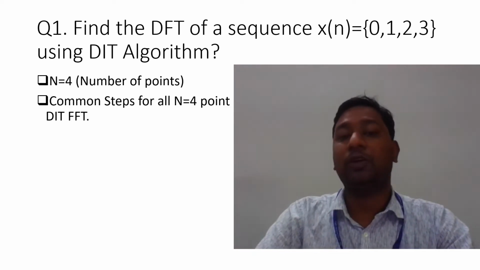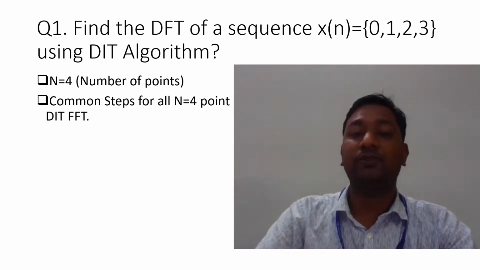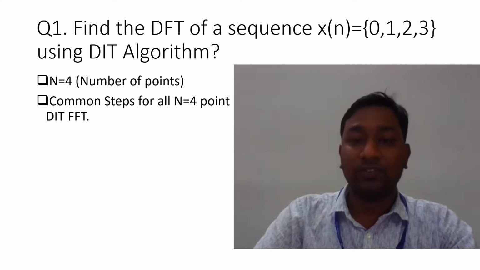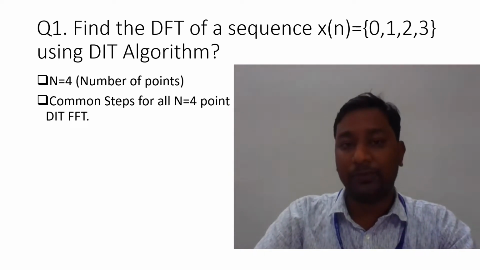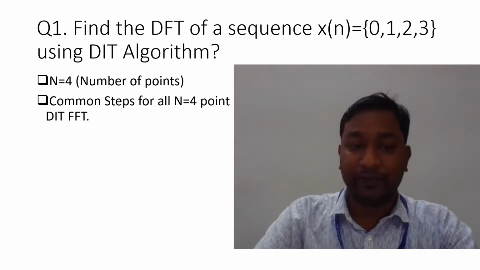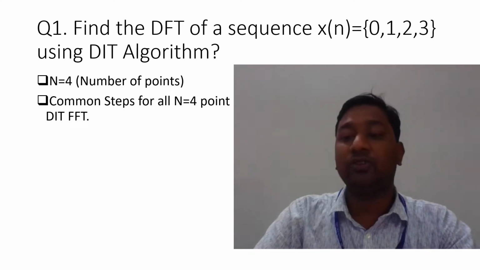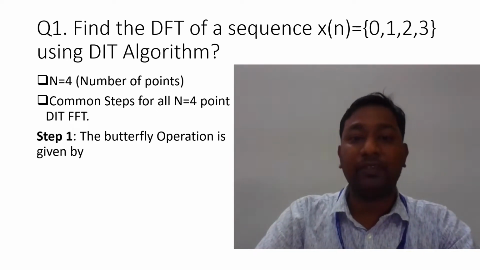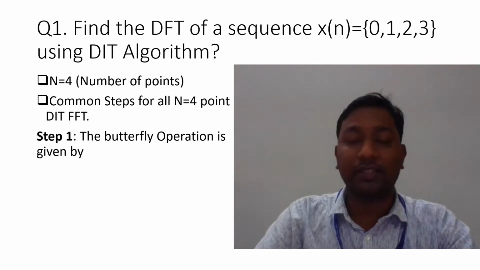Next, there are some common steps for all n equal to 4 point DIT FFT problems. If any question comes in the exam considering the 4 point DIT FFT, you should write those steps, then only you will get some marks. The first step is the butterfly operation.